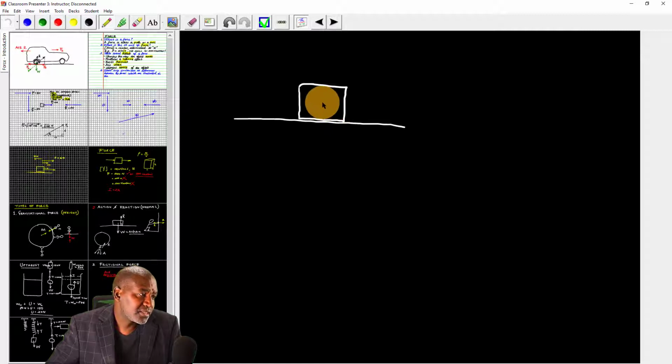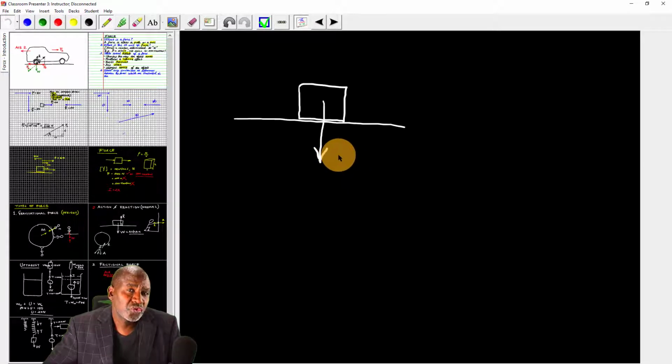This mass will be pulled by the earth downwards like that with a force we call gravitational force, or as far as this surface is concerned, we can say that this object exerts a force on this surface called weight of the object.